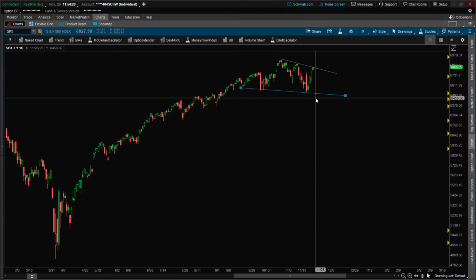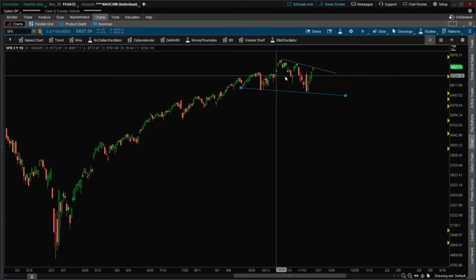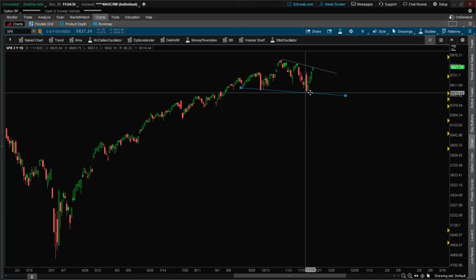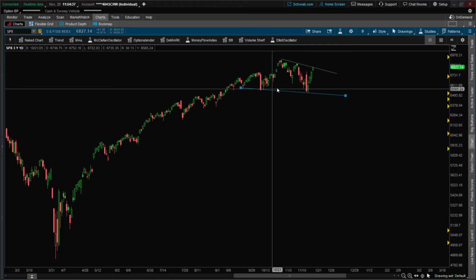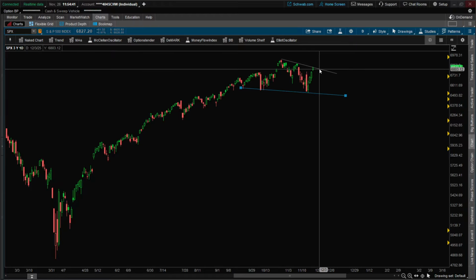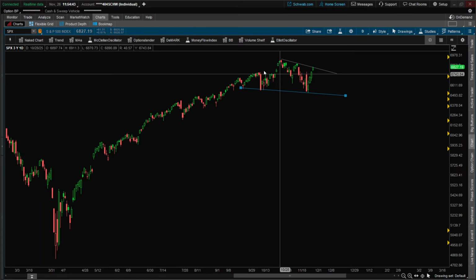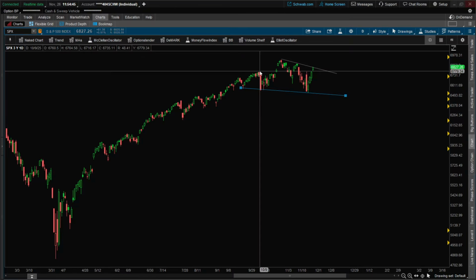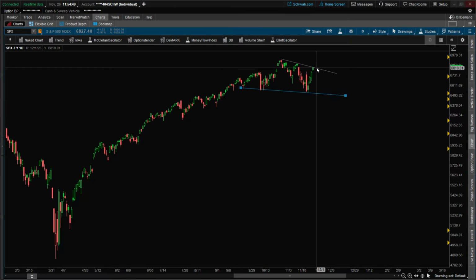And if you've traded for quite some time, when you're at a top, these flags can fail, and when they fail, they fail hard. On that note, we're looking at this being a bearish setup, which is a left shoulder, head, and right shoulder here.